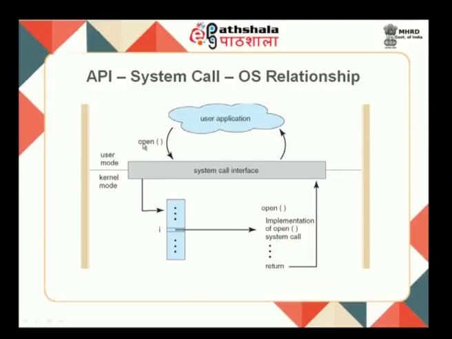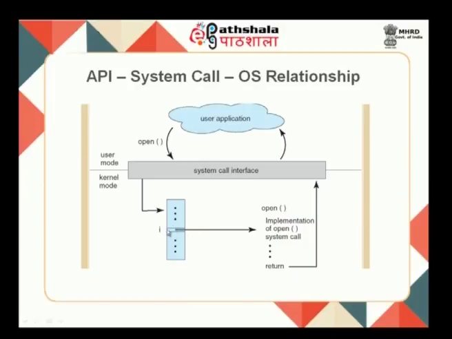As I told you, each system call has a system call number. So, the system call interface will find out the number corresponding to this open call and use it as an index into the system call table. From here it will get the address of the routine within the kernel which is to be executed.